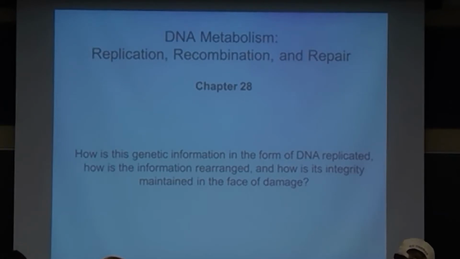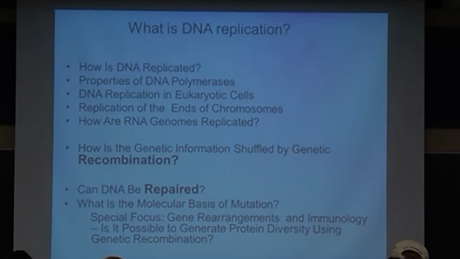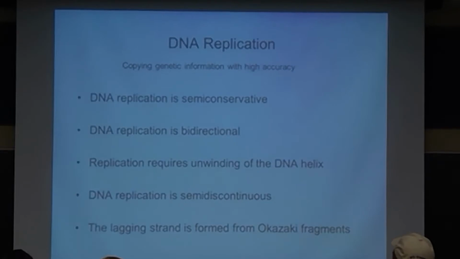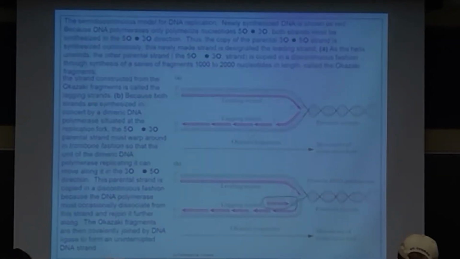So, replication we did. You need to know the basics of DNA replication, the chemical reactions that happen during DNA replication, proofreading, the enzymes involved, correct? All this stuff. So, and replication.